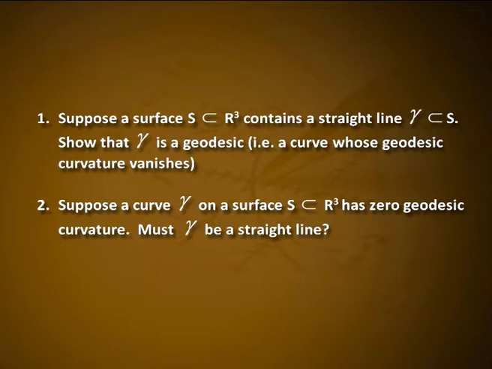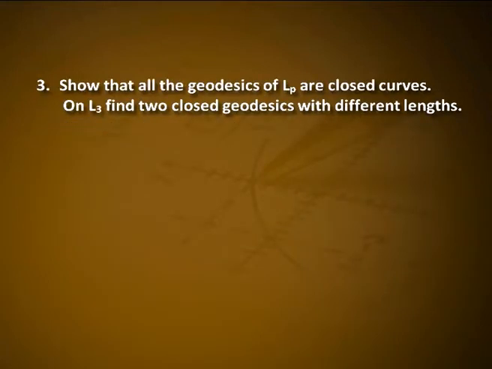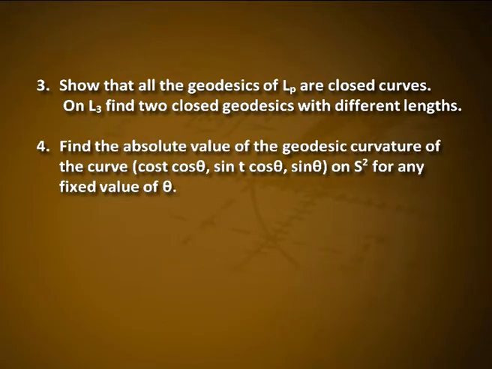Must gamma be a straight line? Third problem. Show that all the geodesics of L^p are closed curves. On L^3, find two closed geodesics with different lengths. Fourth one. Find the absolute value of the geodesic curvature of the curve (cos t cos theta, sin t cos theta, sin theta) on S2 for any fixed value of theta.